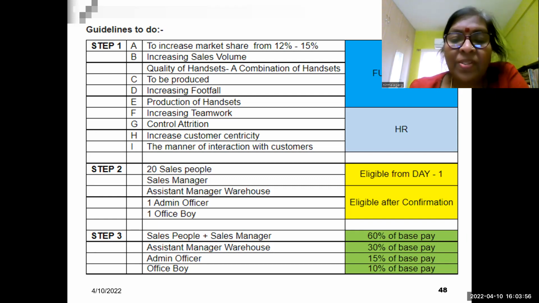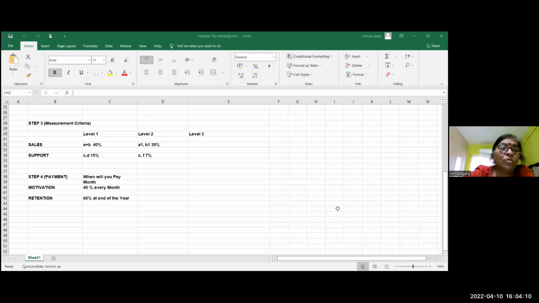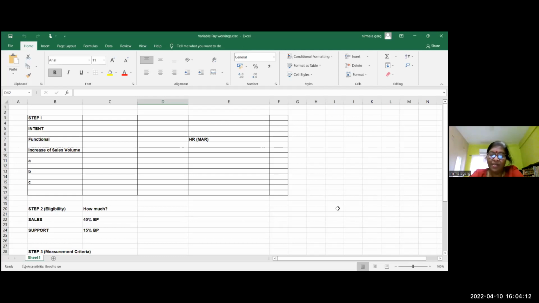Vilma, can you just bring this down? Okay. Now, the group will have to devise an incentive plan on an Excel sheet like this.